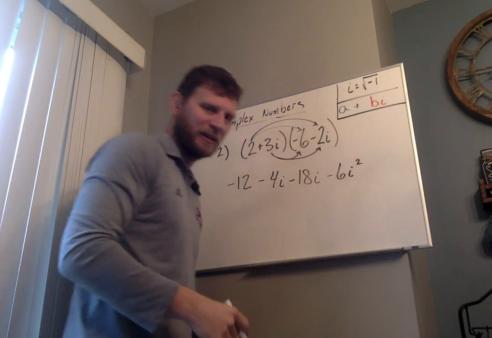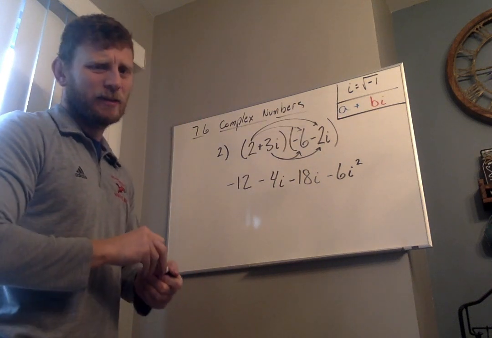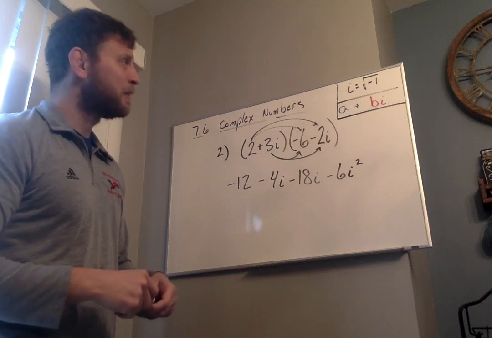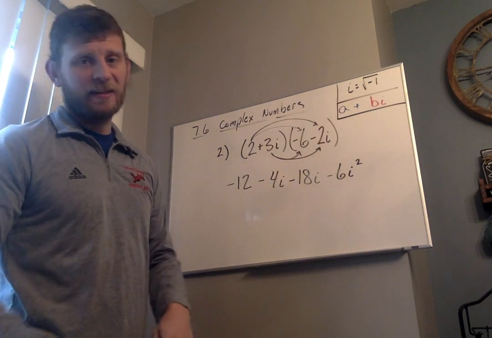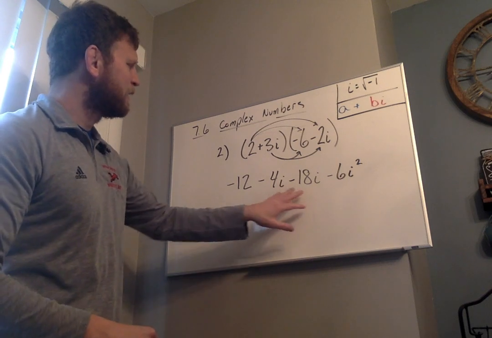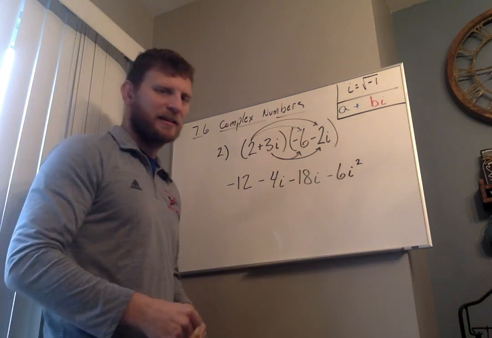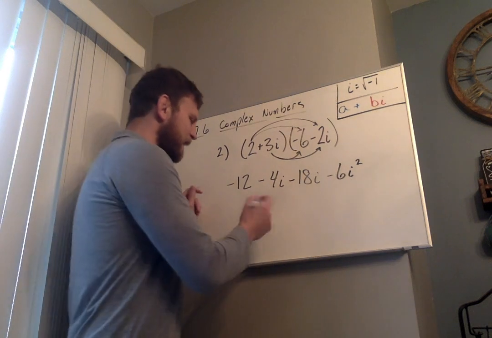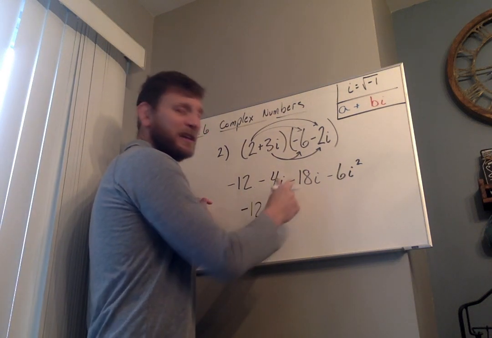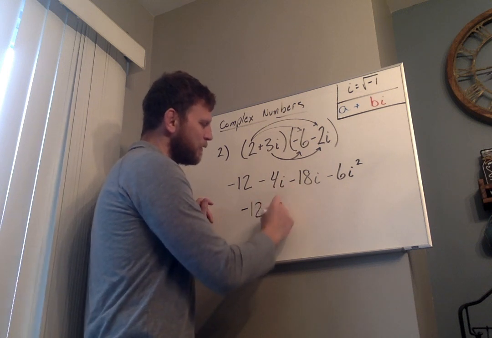Now we haven't talked about that, but I didn't need to talk about it. I know what it is. I'm going to use this little fact up here. So first off, let's simplify this, and then I'll deal with that at the end. -12 can't simplify. But -4i and -18i, that's -22i.